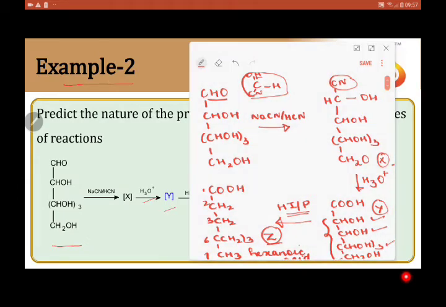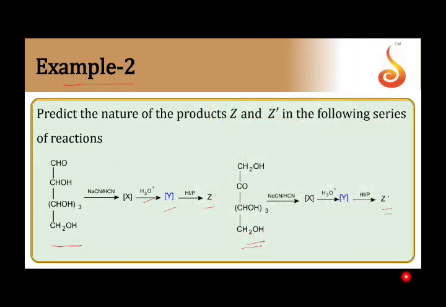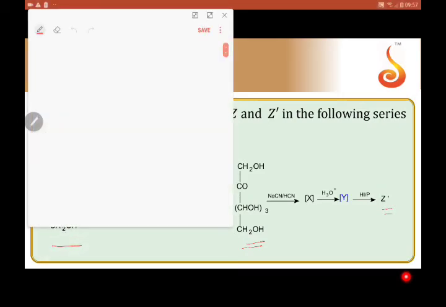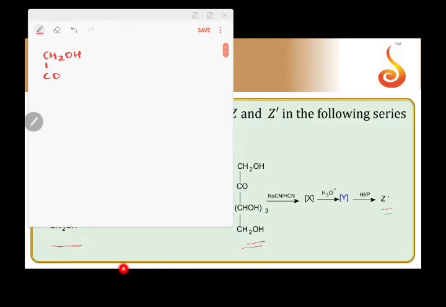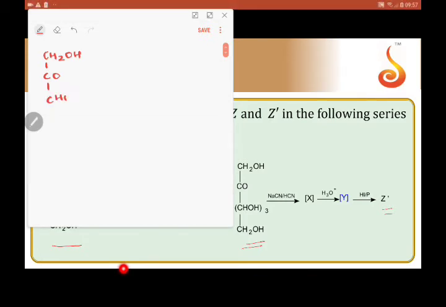Let's see the next reaction. This compound looks like a ketone. The next compound, CH2OH, has a keto group here. It could be fructose, but we don't know the configuration at each chiral carbon.